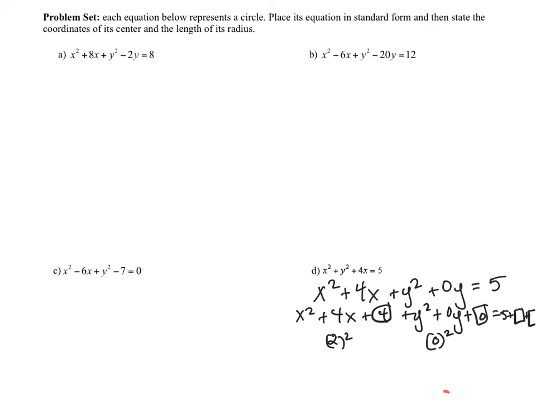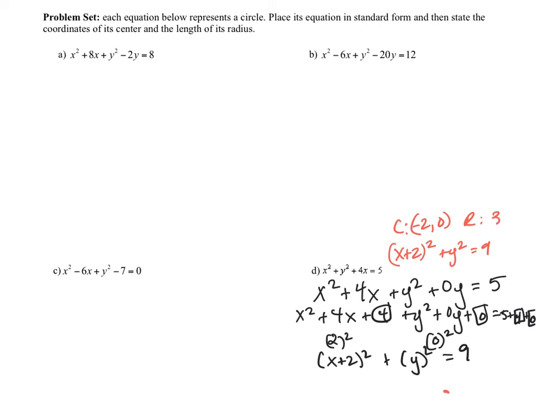So I have 4 going here and 0 going here. (x + 2) squared plus y squared is equal to 9. So my standard form is (x + 2) squared plus y squared is equal to 9. My center is (-2, 0), and my radius is 3.